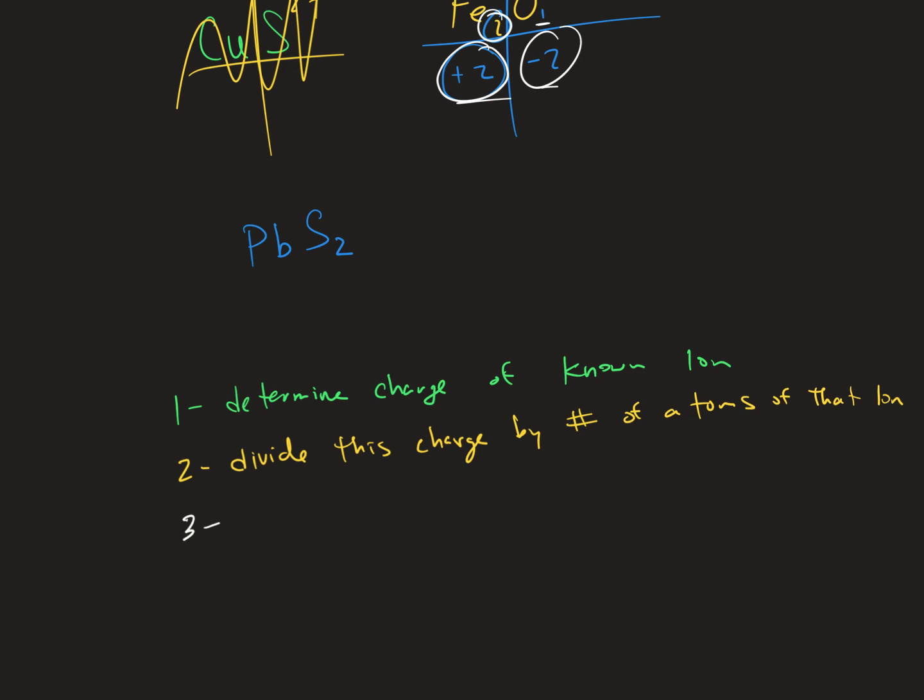And that'll give us, so if we do this, what's the charge of our known ion? 2 minus. Then we're going to multiply. Uh-oh, I said it wrong, didn't I? My bad. Multiply this charge by the number of atoms of that ion.